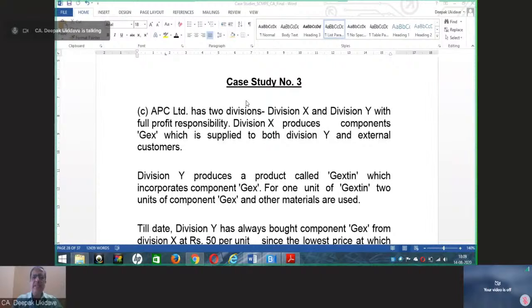Straight away you can look at the variable cost. Variable cost is direct material. Now component costs 100 rupees. Why 100 rupees? Because 50 rupees per unit is the charge, but 2 units of raw material are required, and therefore 100 rupees. Then we have 20 rupees other material, 30 rupees direct labor, then manufacturing overhead 5 and selling and distribution overhead 2.